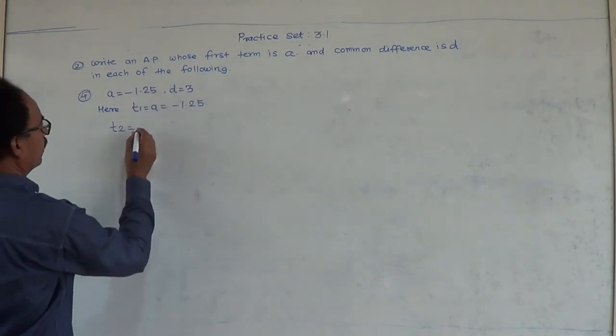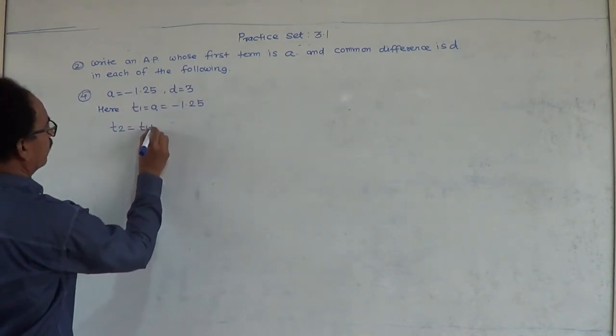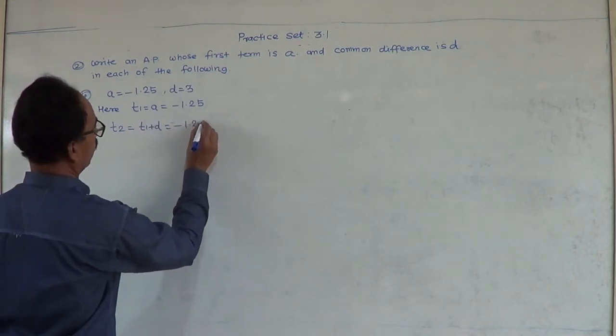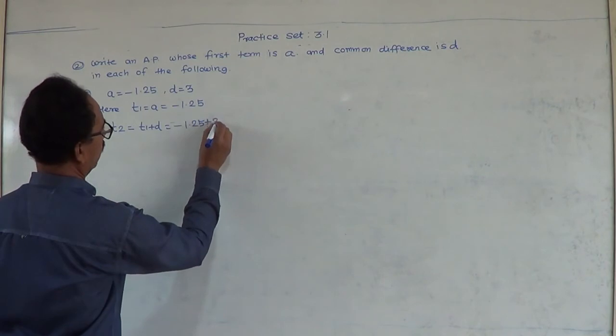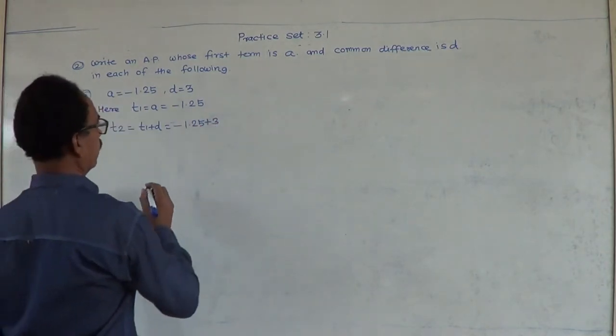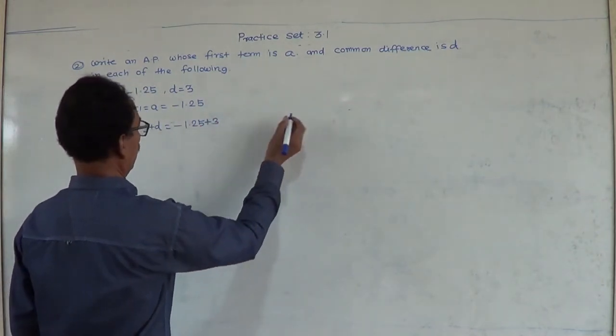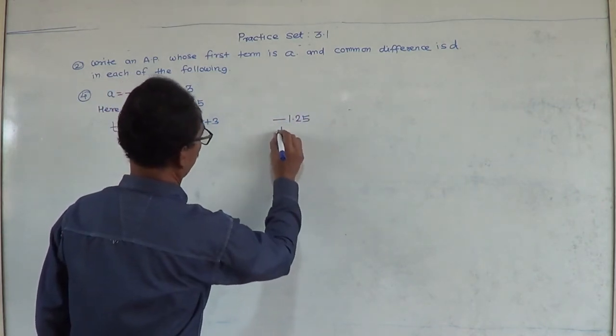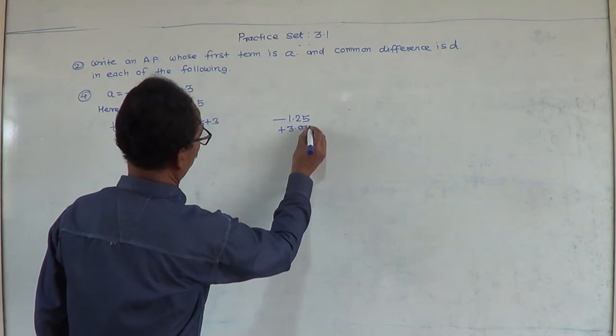So T1 plus D. T1 is minus 1.25 and we have to add 3. So the answer will be minus 1.25, we have to add 3, that is 3.00.